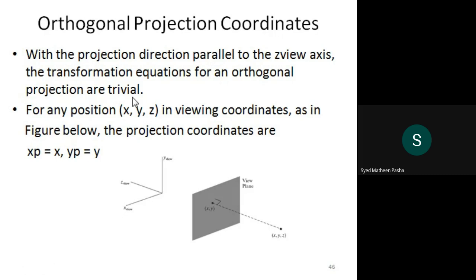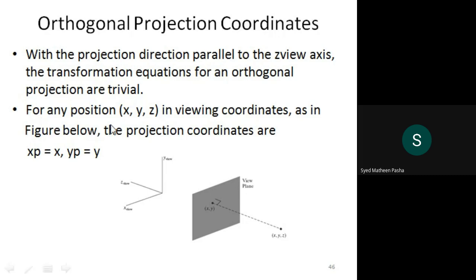Trivial cases basically tell all three different planes with respect to that particular object. That is, you can define any of the coordinates with respect to any of the axes, that is x, y, or z axis. So this is an advantage with respect to orthogonal projection, where all three trivial cases are considered here.